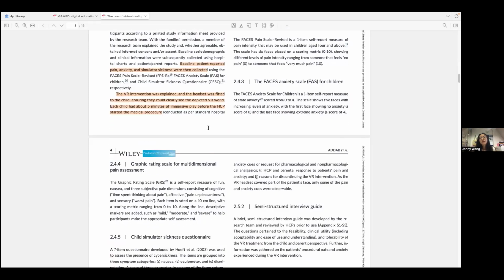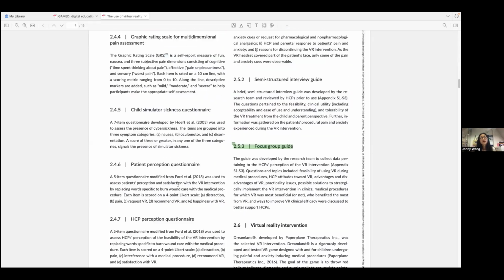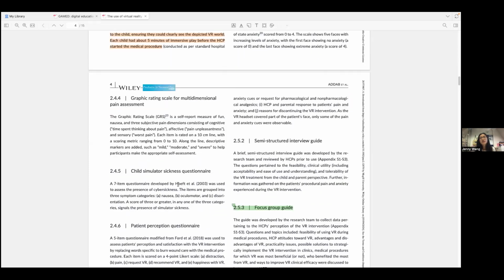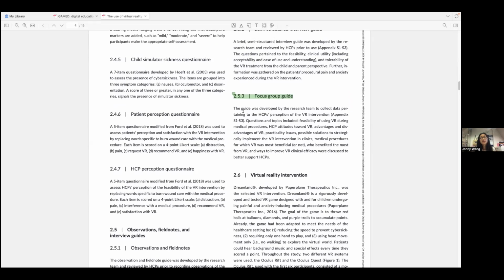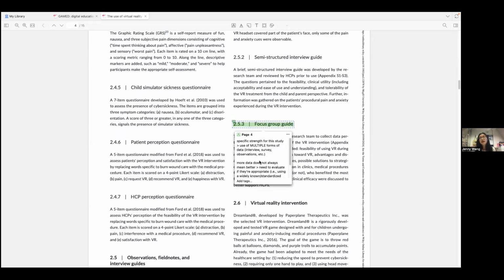Here they outline all their instruments, what they used. I think what's important here, when they're outlining all the different tools they use to collect data, is what the instruments are.